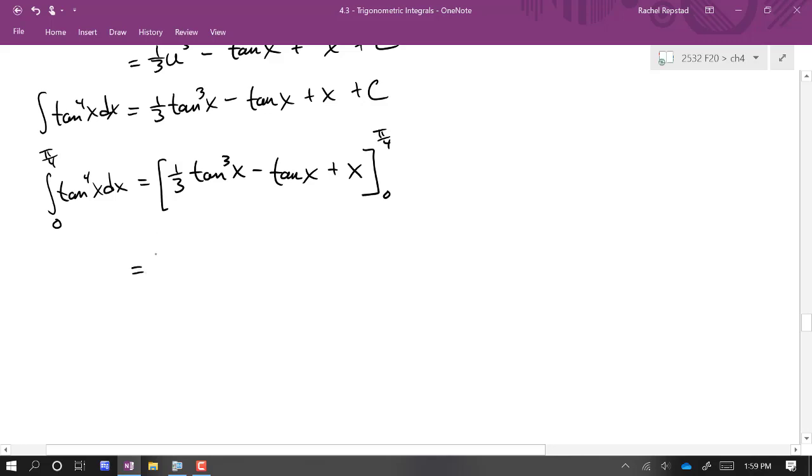So now we're going to plug in the upper limit. And now for the lower limit.